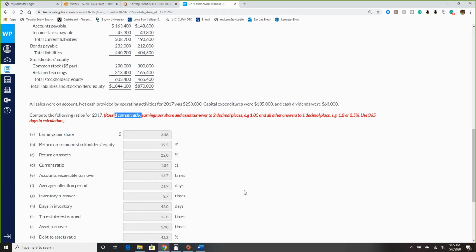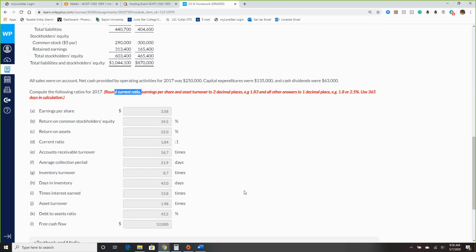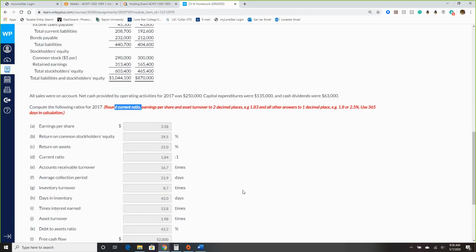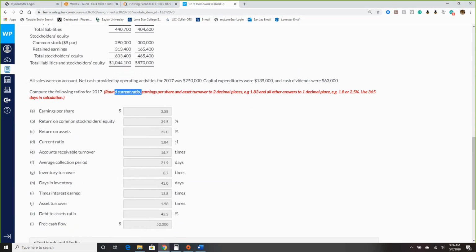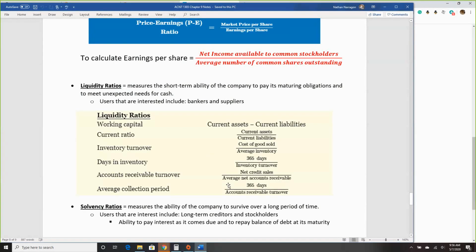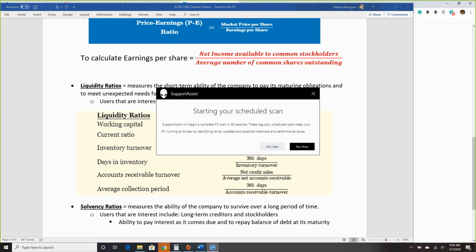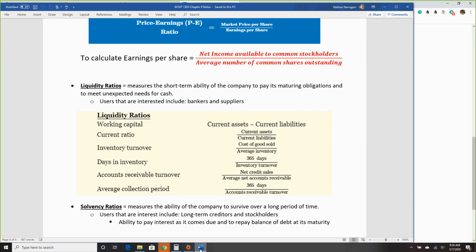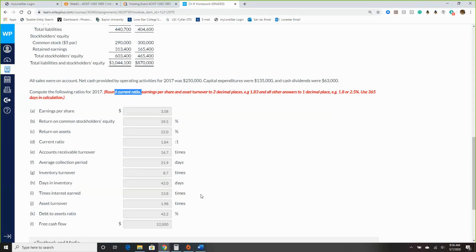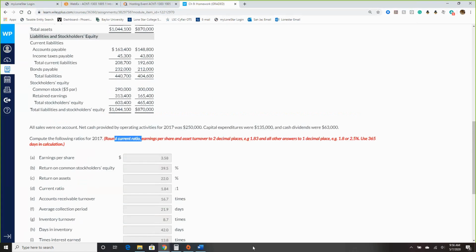Okay, let's see how we got to 16.7 though. So accounts receivable turnover: net credit sales over average net accounts receivable.